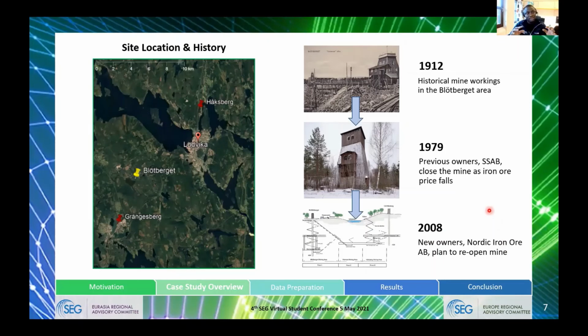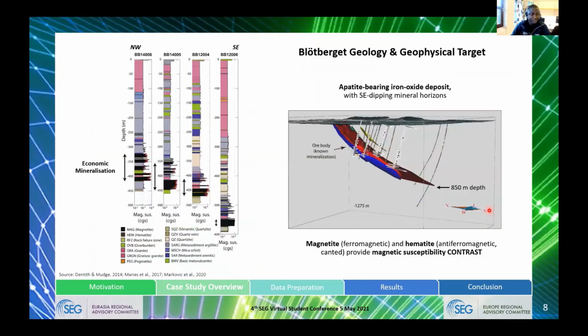We chose this site because we have historical and recent research to go ahead with our study. From this research, we know some interesting geology in the area. We are dealing with an apatite-bearing iron oxide deposit, which is dipping southeast towards a depth of about 850 meters. We also have core log sections to validate this model.